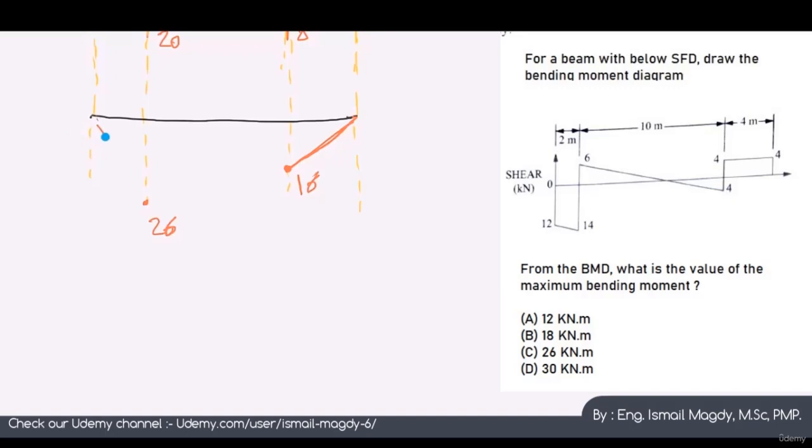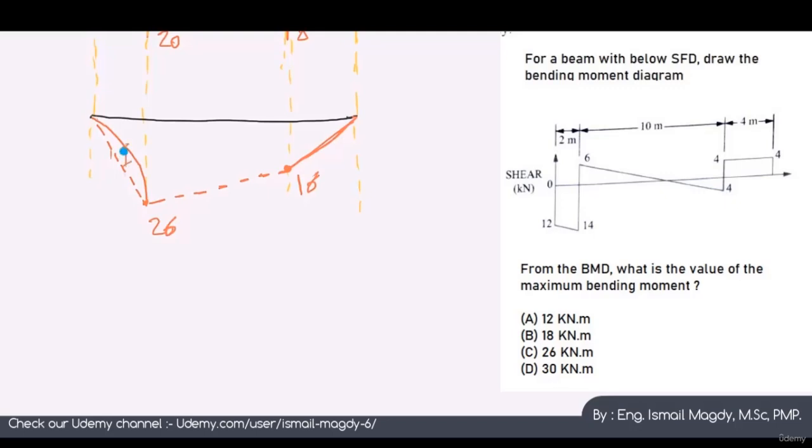So we will connect only with a dotted line now. And between here and there, again, it is also a distributed force. So this is another parabola, which means that here our actual moment will look like this.